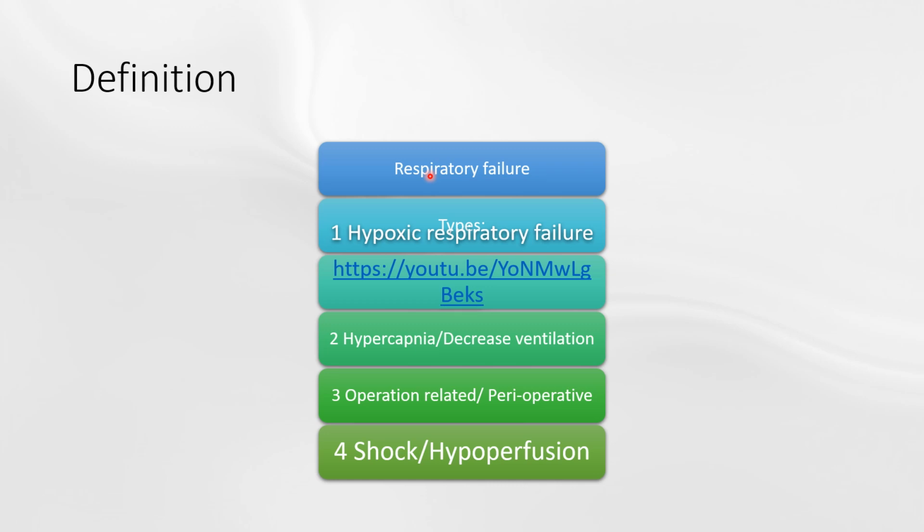That process is impaired when we are talking about respiratory failure. Meaning, either we are not ventilating fully, leading to decreased supply of oxygen to the blood, that is hypoxemia, that will lead to decrease of oxygen supply to the tissues or all organs, called hypoxia.